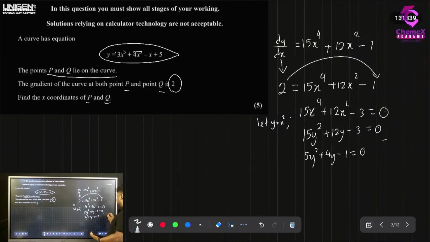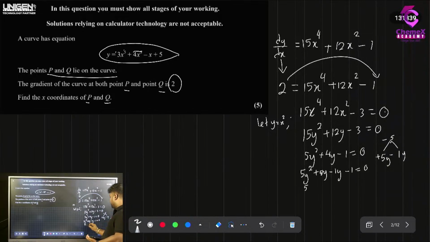So what are the factors for minus 5? 5 and 1. And this is plus, this is minus. I hope you know how to factorize. I'll do it from the beginning and show you.